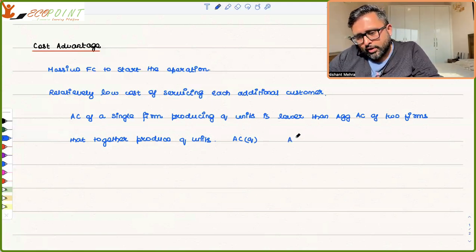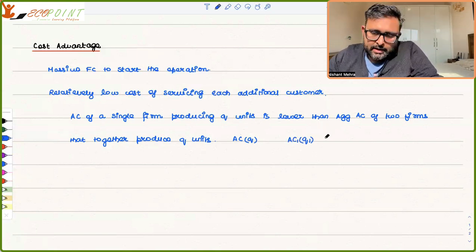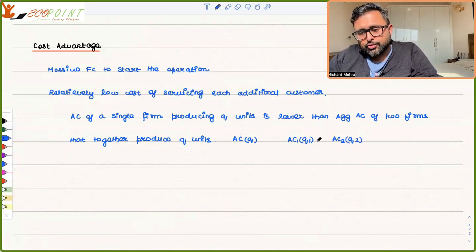But if there are two firms producing this Q, so the first firm is producing Q1, the average cost of producing this Q1 is AC1 Q1, and the average cost of the second firm producing the remaining output Q2 is AC2 Q2.